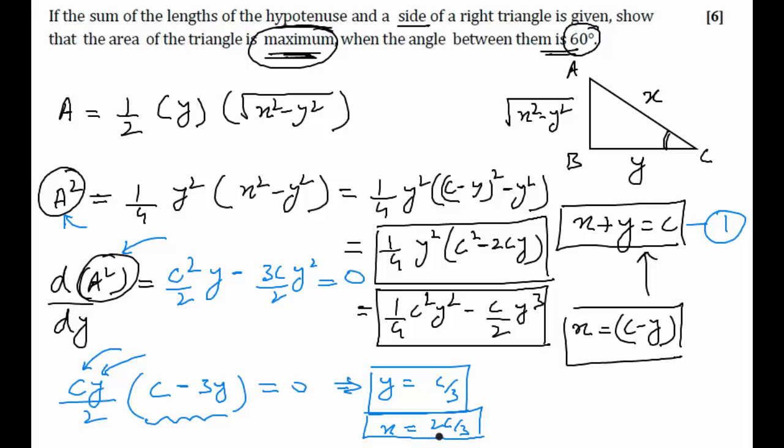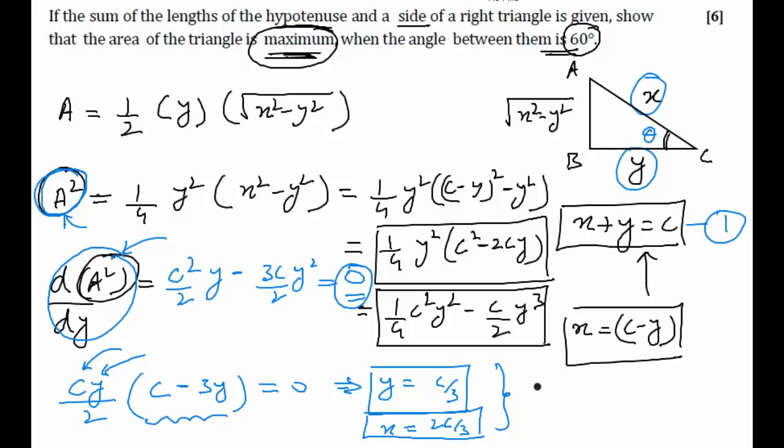All these things are happening when A square attains its maximum value, because these are the values at which differential of A square is becoming 0, right? So this is what we had to find. Now if I have to comment on the angle between the hypotenuse and the base, I can write the value of cos theta.